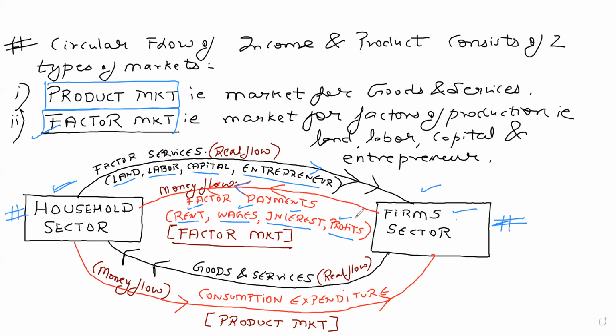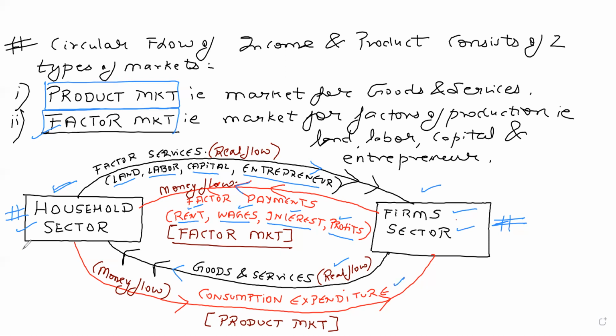Moving on to the product market. Who supplies goods and services? Firms. So firms supply goods and services to the households. Again, is there any money involved? No. So this is called the real flow. And when households buy goods and services from the firms, households will pay for these goods and services, which is called consumption expenditure.